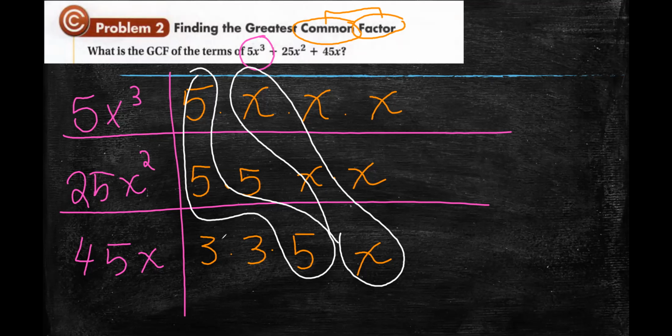And we have a 3 in the third term, but it does not exist in the first or the second term. So what are the terms that are common? 5 and x. So I will write now that the GCF, or the greatest common factor here, is 5x.